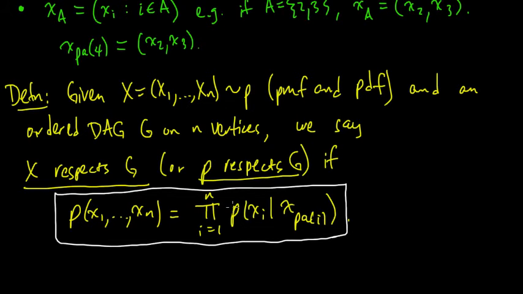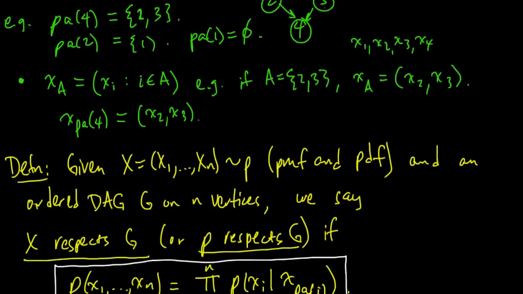And for any ordered DAG, there are certain probability distributions which satisfy this. Of course, it doesn't uniquely determine the probability distribution, but it determines some collection of probability distributions P that respect that graph. And they respect it in the way that we talked about before.